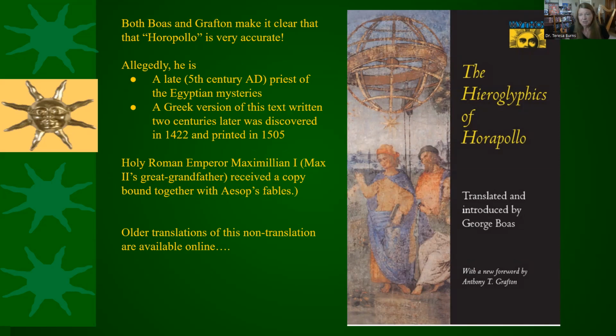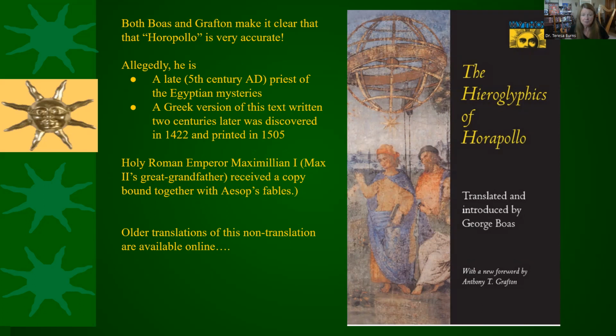Many people don't really believe he was, but supposedly he was a priest of the Egyptian mysteries. And supposedly there's a Greek version of this text where he's explaining the hieroglyphs that people in the Egyptian mysteries don't know in the 5th century. Jury's out whether anyone really believes that's true or not.